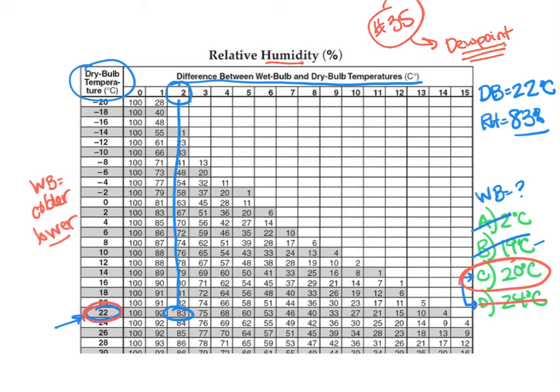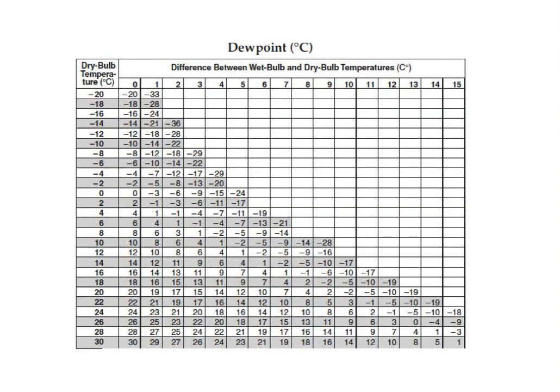So we know we're looking up 22 for the dry bulb and 2 for the difference. Now we just switch to the dew point chart to figure out what the dew point is. So here we are. 22 was the dry bulb, 2 was the difference. Follow that down, follow it over, and 19 degrees Celsius would be the dew point temperature if that was what you were asked. That's kind of what number 35 is asking you.